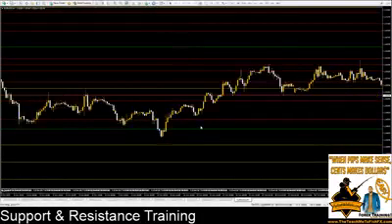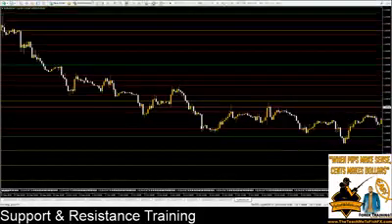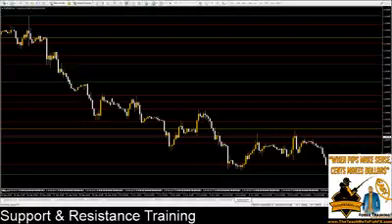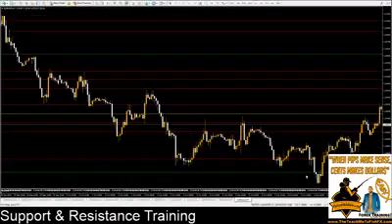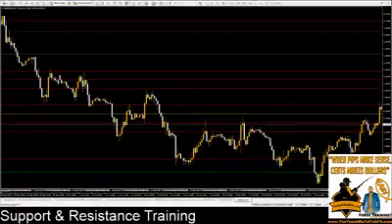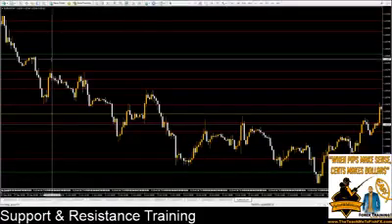But with these green ones, the monthly, it came down, it broke it, it retested it, and then it shot down, and it kept going all the way to the next monthly support.